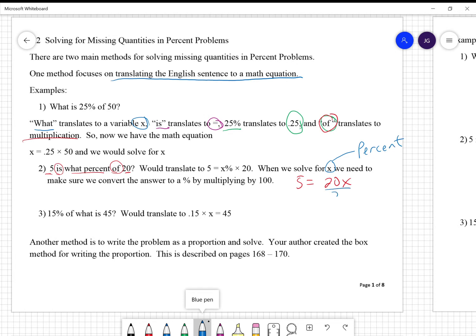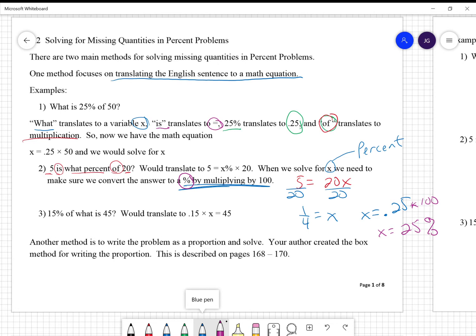When we solve this, we divide by 20. X is the decimal 0.25. Then we have to multiply it by 100 to convert it to a percent. So when your percent is missing, make sure you take your answer and multiply it by 100.